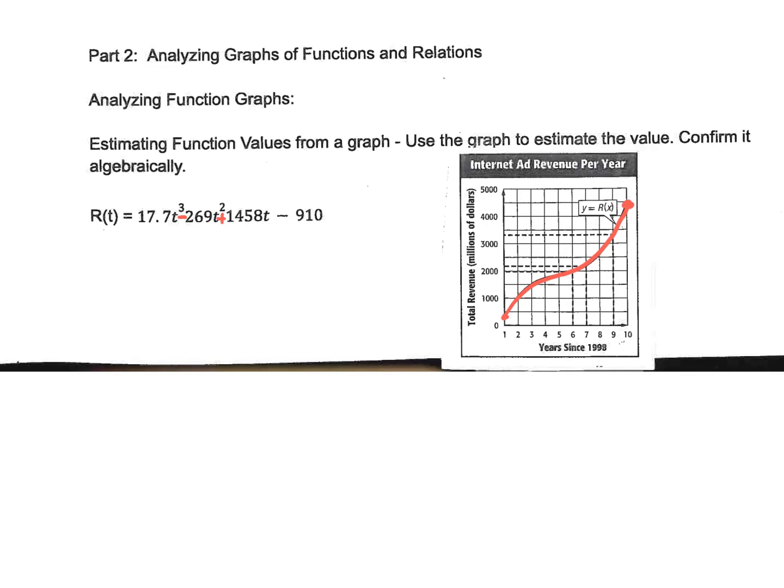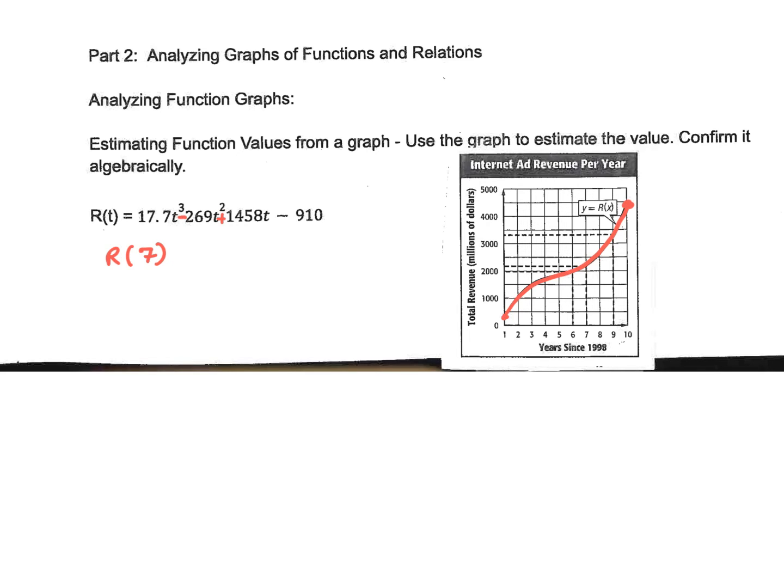I want to know what R of 7 is. How can I find that without plugging in? No calculator involved. Look at the graph. I want to know approximately what R of 7 is.